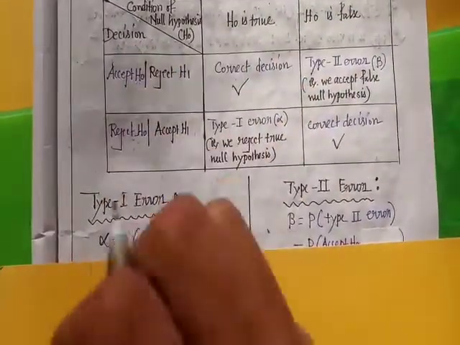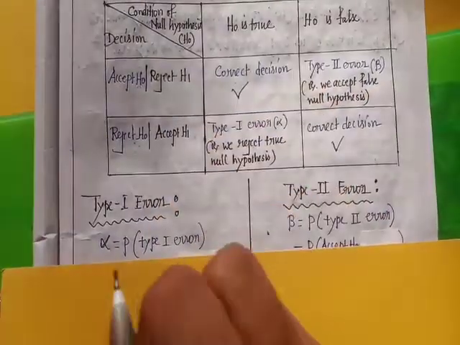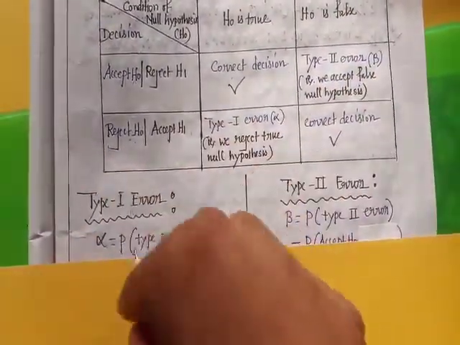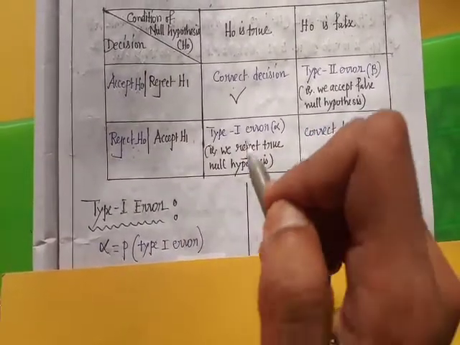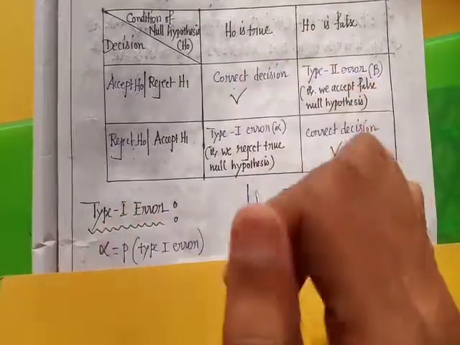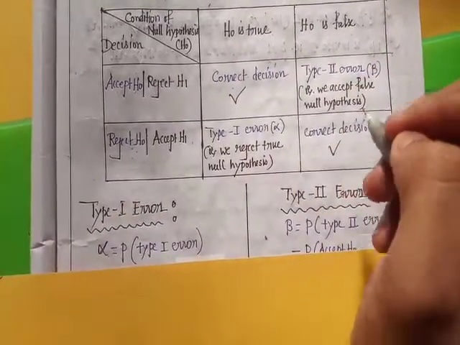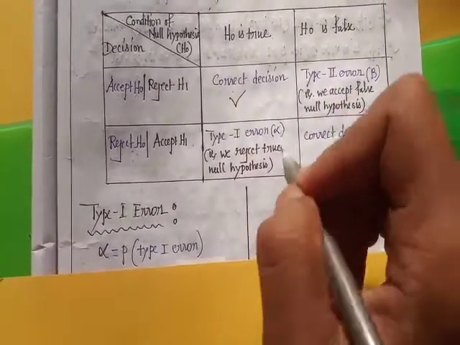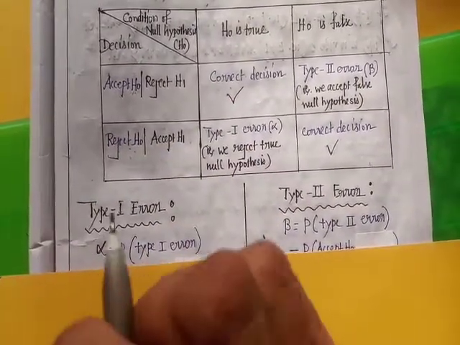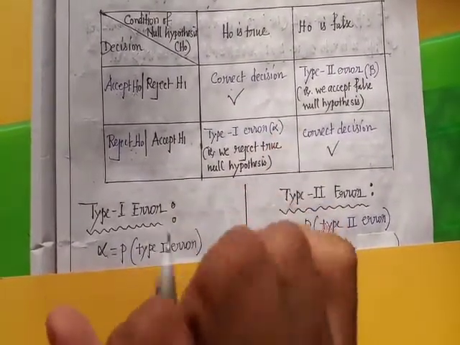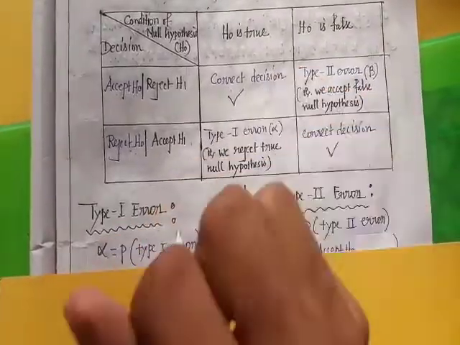Type 1 error is when we reject a true null hypothesis. And when we accept a false null hypothesis, type 2 error will occur. Alpha is the probability of type 1 error, and beta is the probability of type 2 error.